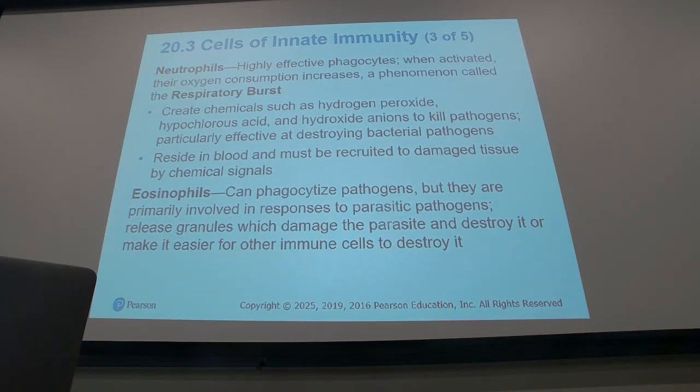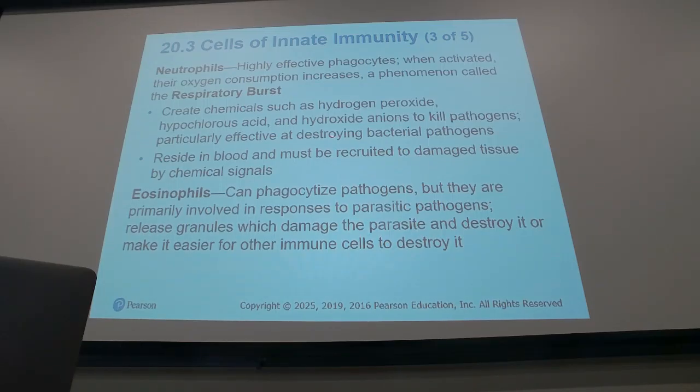The neutrophils help in the immune system reactions by releasing molecules like hydrogen peroxide or hypochlorous acid that help to kill pathogens.